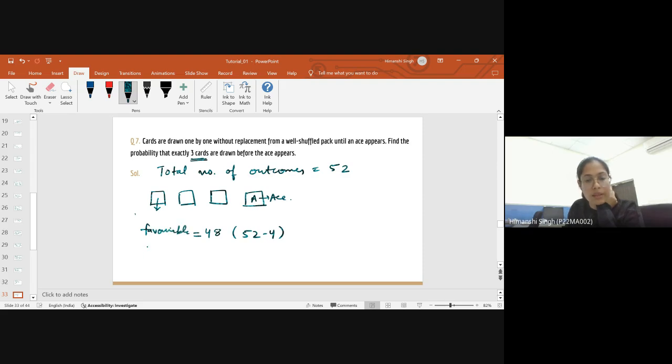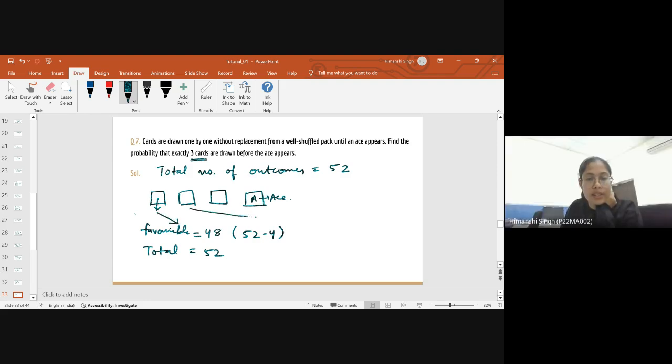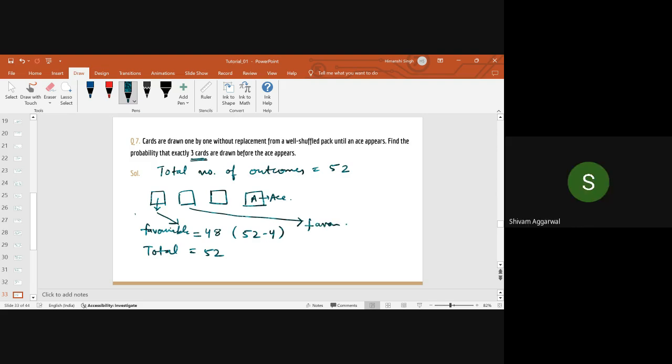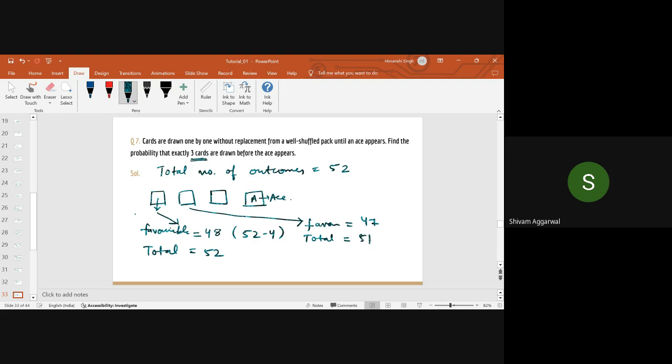Total will be 52 only. Favorable will be 48 because we want the ace at the fourth place. For the second place, favorable will be 47 and total will be 51, since we have subtracted 1.